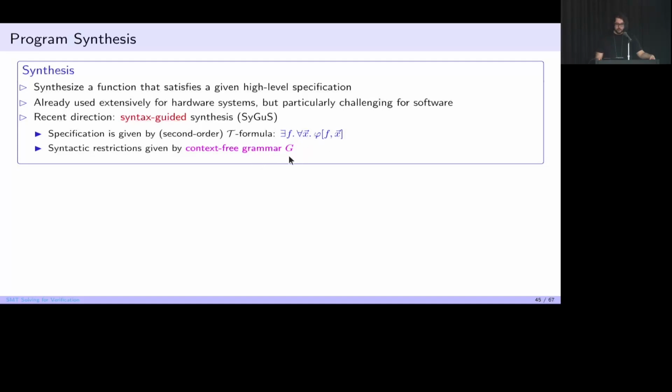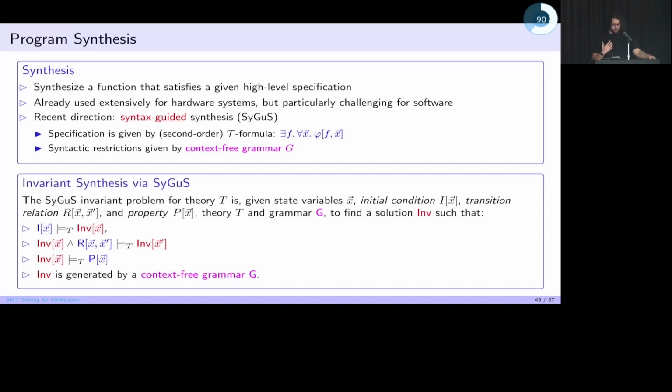And then the programs that you want to consider, so the possible values for f, would fit such a grammar. And you can think of invariant synthesis to be done via syntax-guided synthesis exactly as finding the function over the state variables that respects these three properties here, right? First, that it's inductive, and then that it suffices to show that the property that you want to prove follows from it.